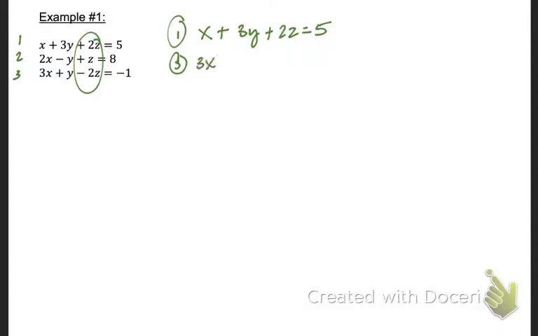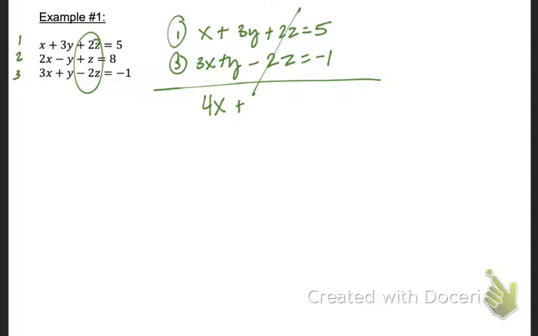And then 3x plus y minus 2z equals negative 1. And I'm going to go ahead and combine those because the z's cancel. So if I add down, I have 4x plus 4y equals 4. And I'm going to hold on to this because I'm going to need it here in a second.